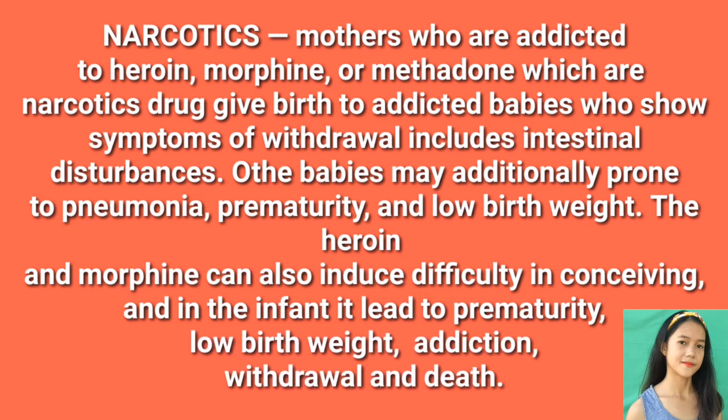Other babies may additionally be prone to pneumonia, prematurity, and low birth weight. Heroin and morphine can also induce difficulty in conceiving, and in the infant, they lead to prematurity, low birth weight, addiction, withdrawal, and even death.